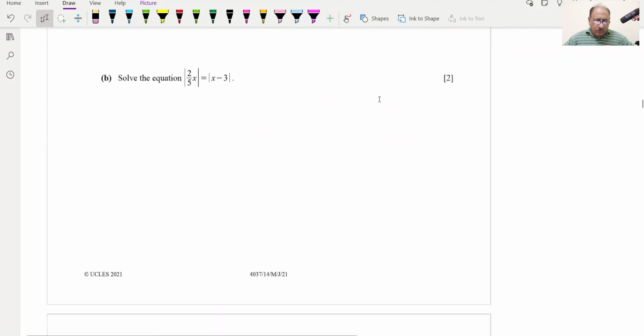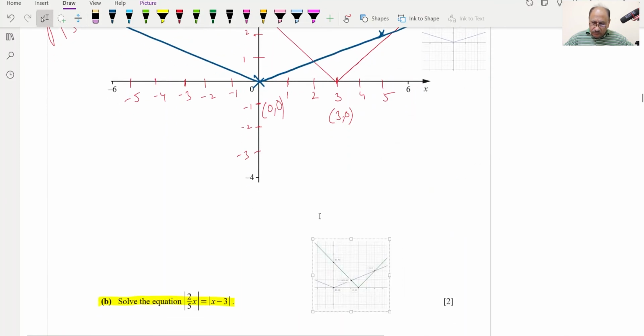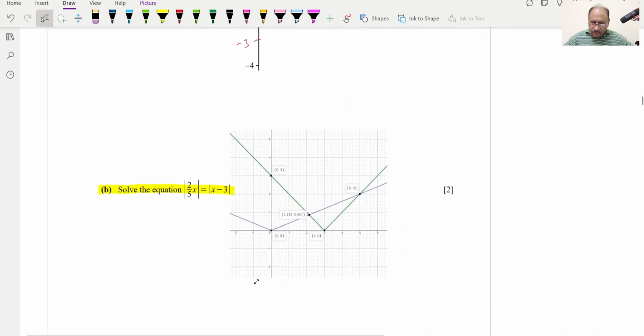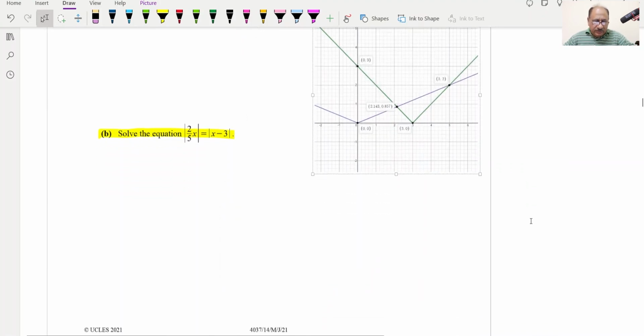Now part B: solve the equation. So in this part they are asking for the point of intersection, which we have seen over here. This will be the point of intersection, which is (5, 2), but we have to solve this algebraically.